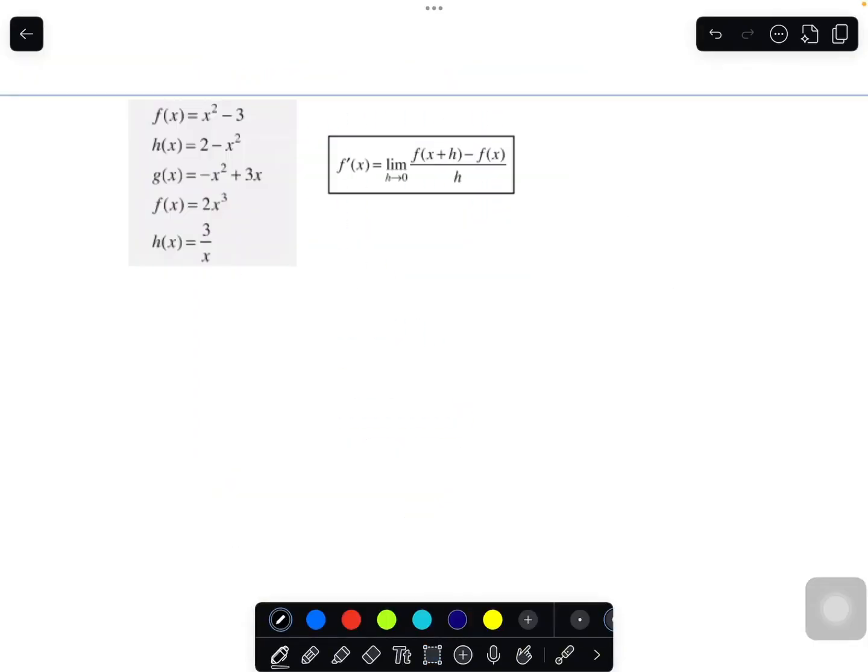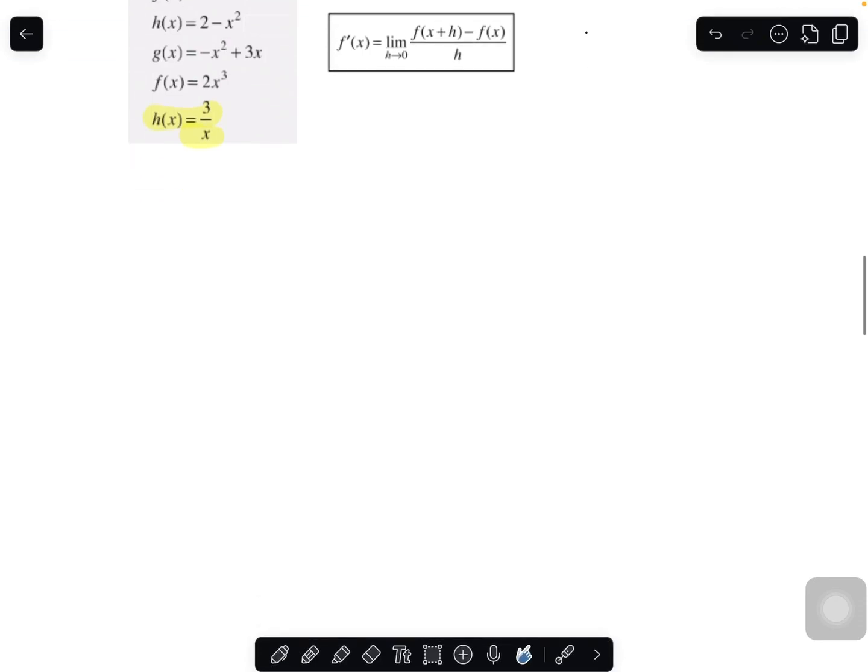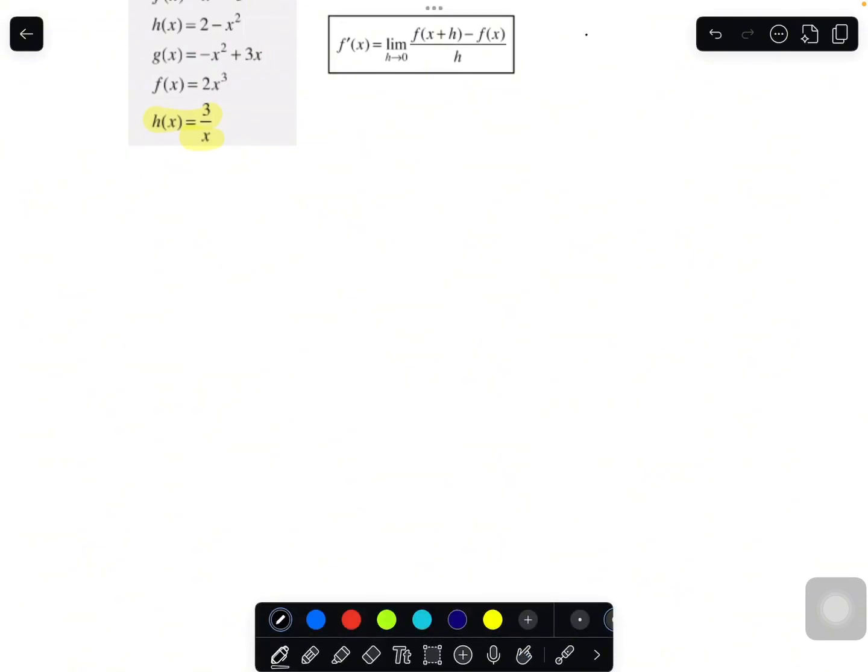I'm now going to move on to this bonus question for you guys. If you stuck around and went through the sums, here it is. So how do we work with a fraction? That is what we're going to do now. The first derivative equals the limit as h approaches 0.